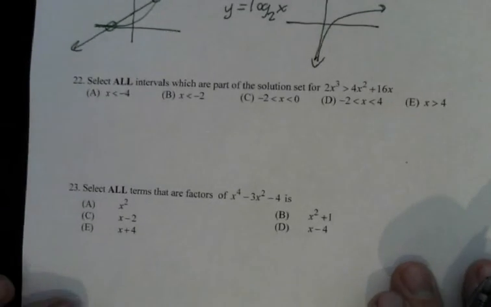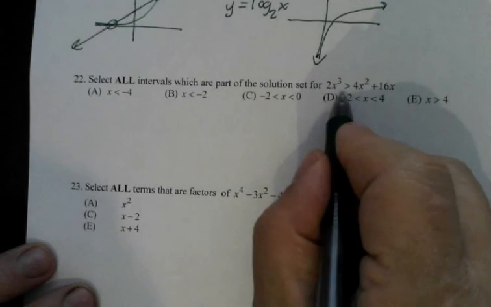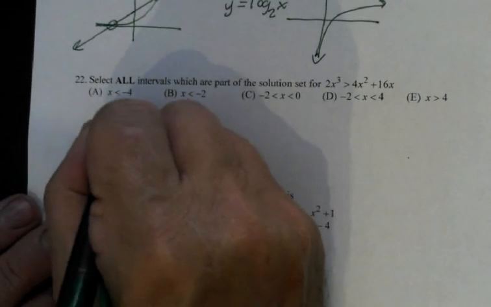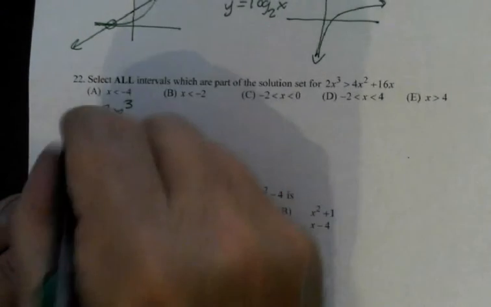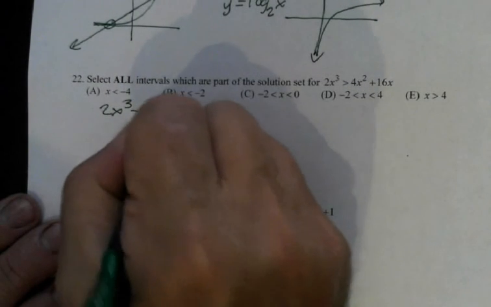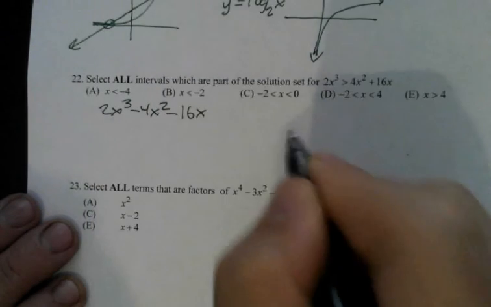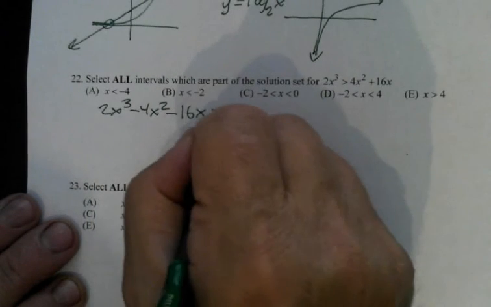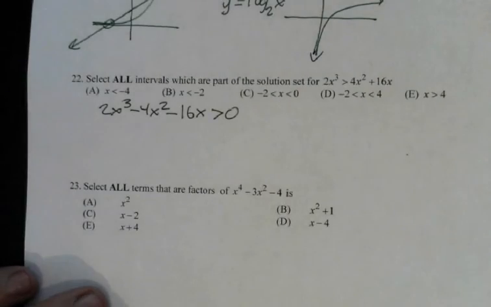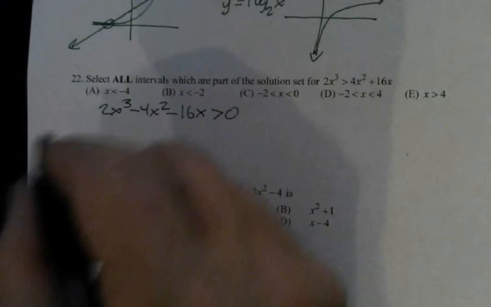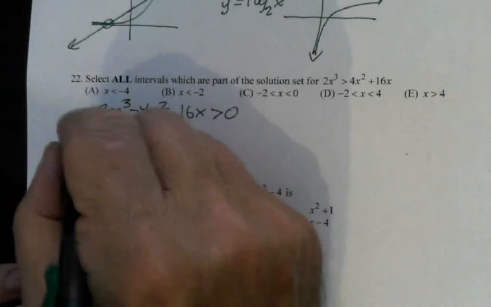Okay, inequalities. I'm going to move everything to one side. So I've got 2x cubed minus 4x squared minus 16x. And adding and subtracting does not change the sign, so it's going to be greater than 0. And you could change to equals and then deal with testing your regions afterwards. I'm going to factor out a 2x.